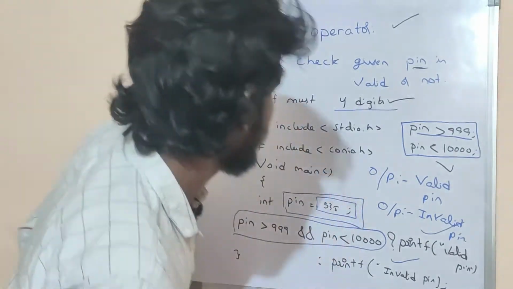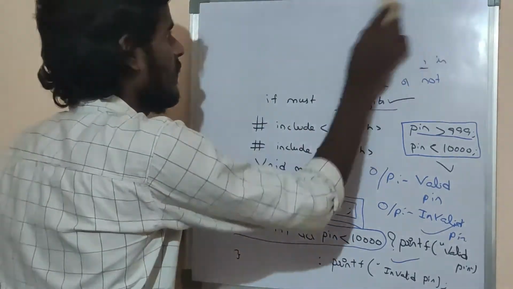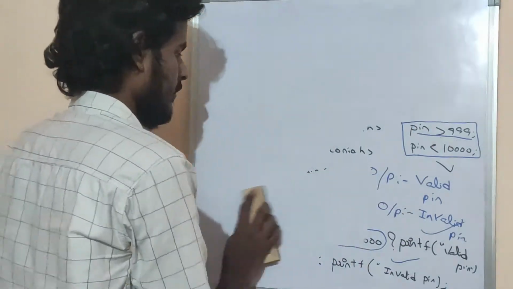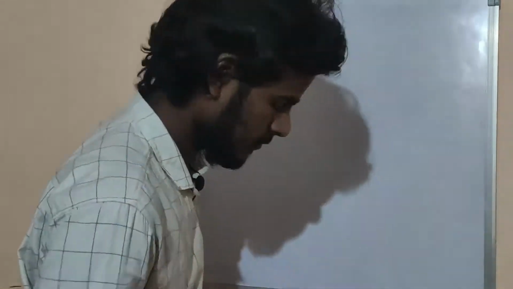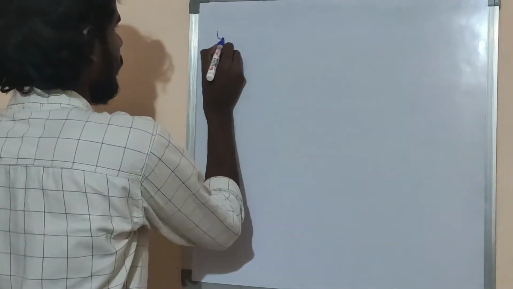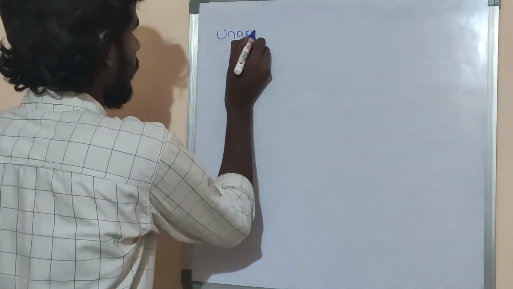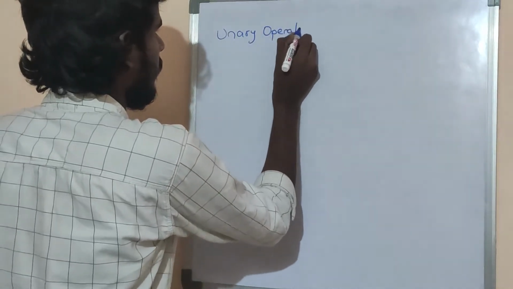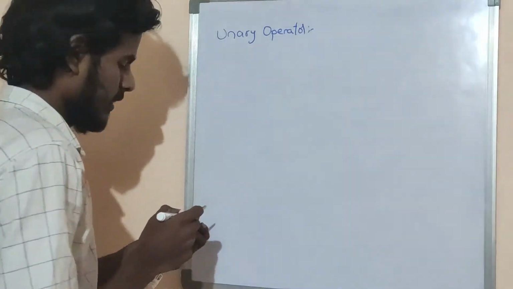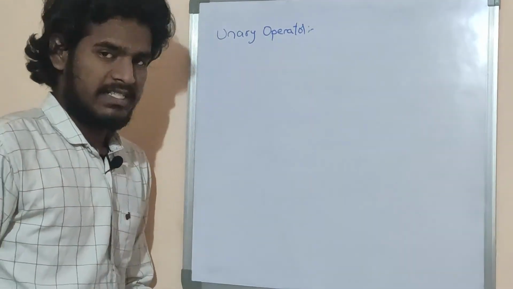The next one is the unary operator. Listen carefully friends.